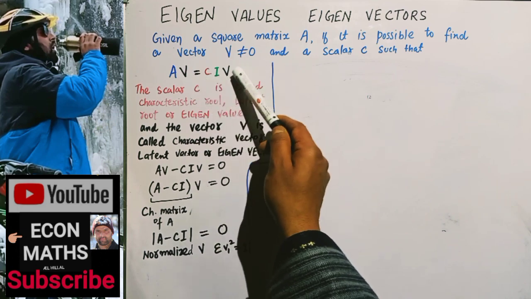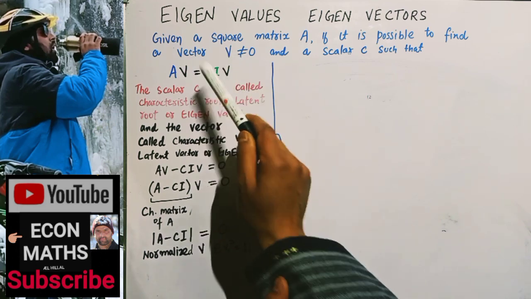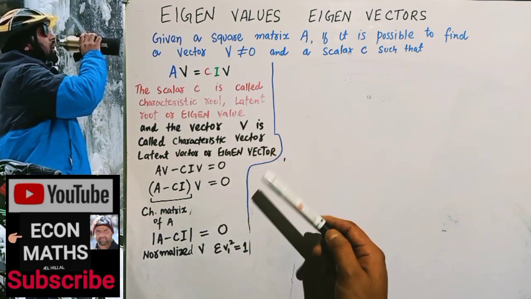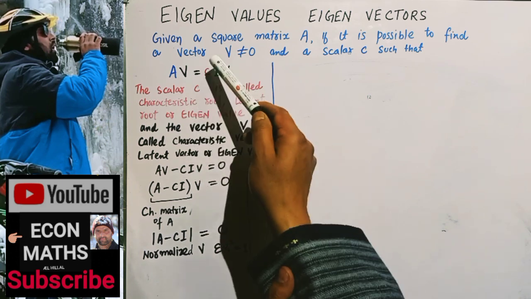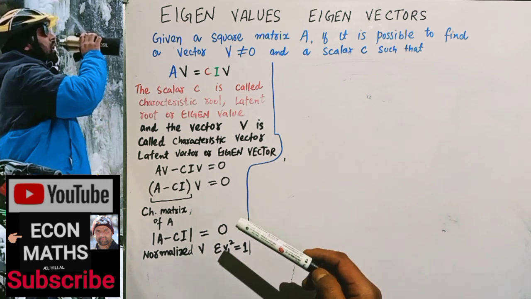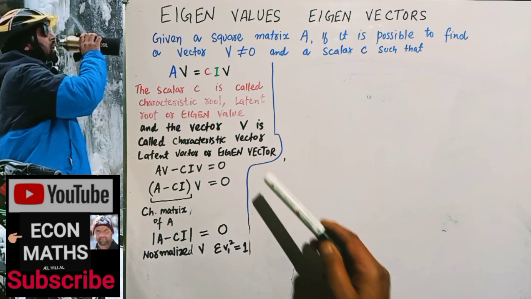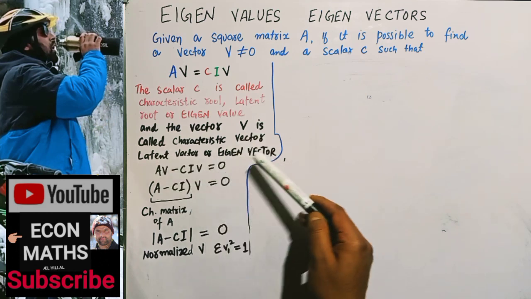This small c is called the characteristic root, or latent root, or eigenvalue. I is the identity matrix, and V is called the characteristic vector, or latent vector, or eigenvector.